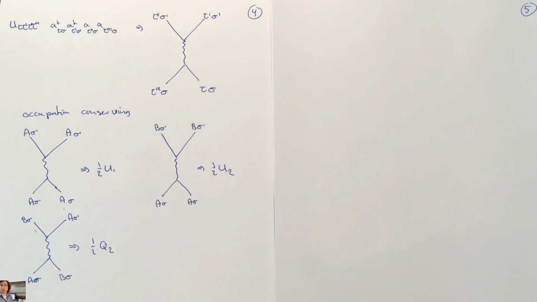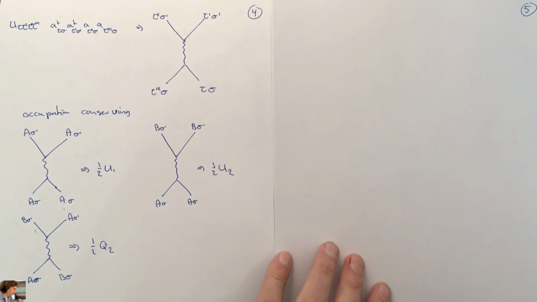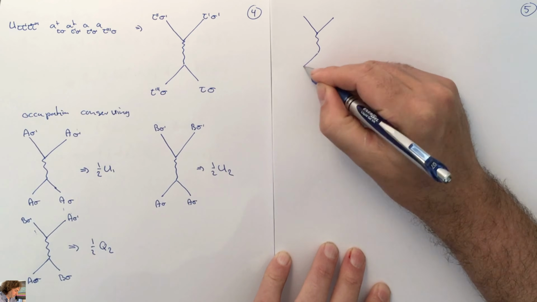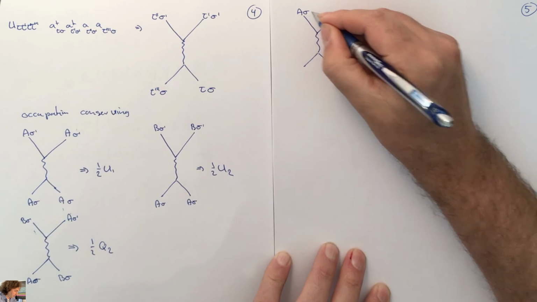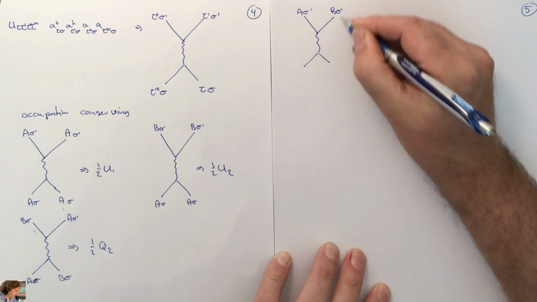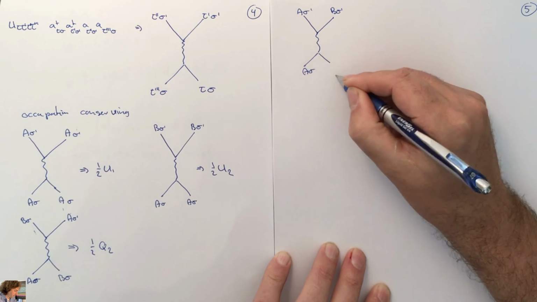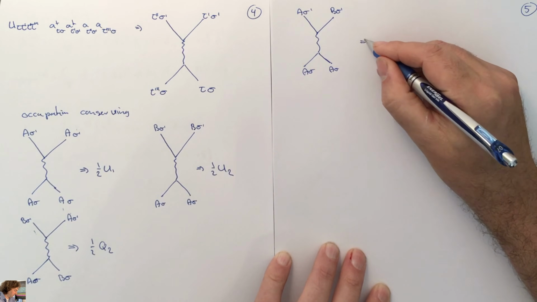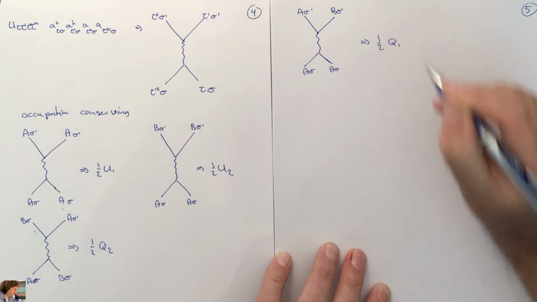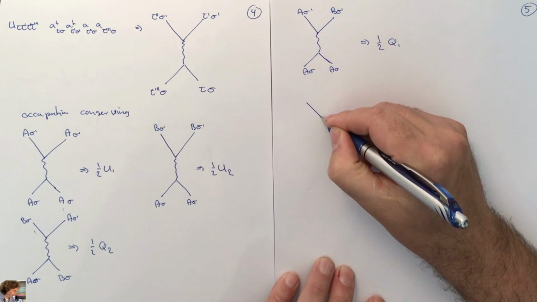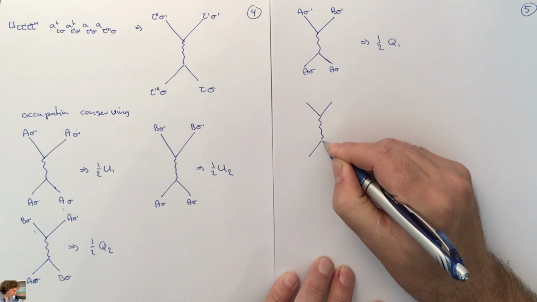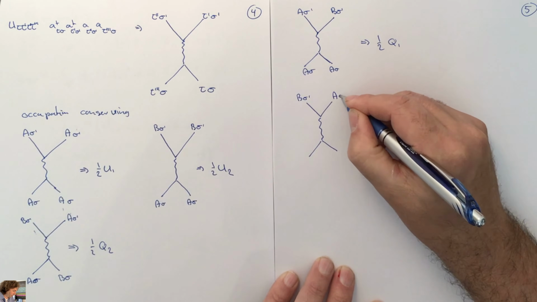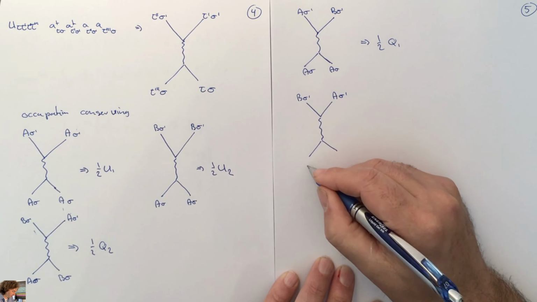Now we have also Coulomb integrals that do not conserve the occupation, and we can have a Coulomb integral that changes the occupation by 1. A sigma prime goes to B sigma prime because we have another electron either at side A or at side B. It would give you the same integral, and we will call this Q1. And then we have an integral where two electrons at the same time change side. So that is a pair hopping interaction.